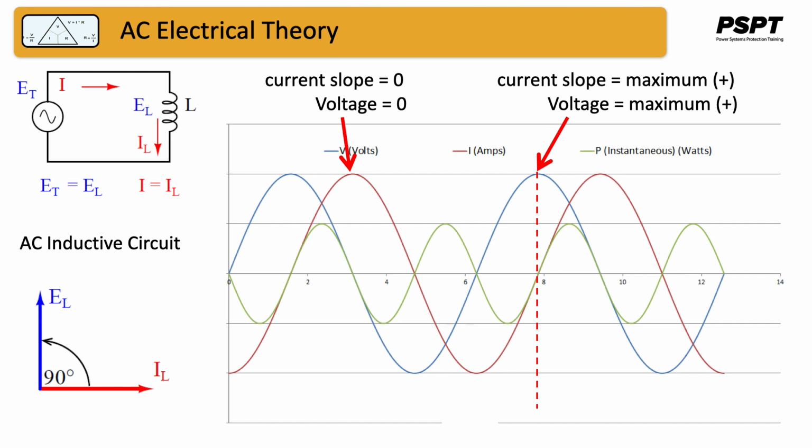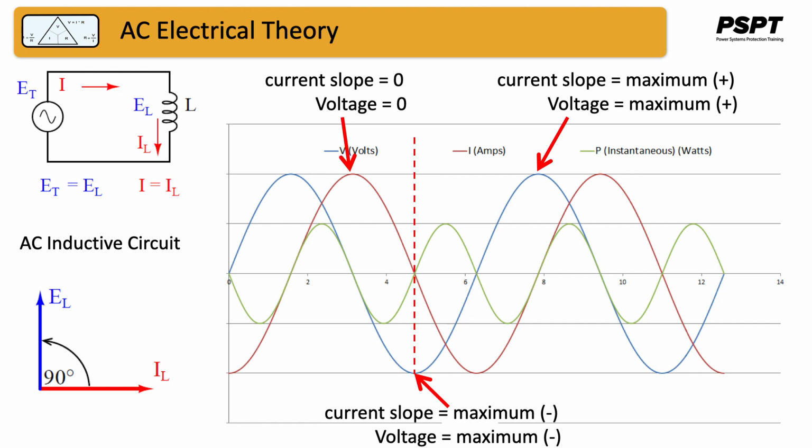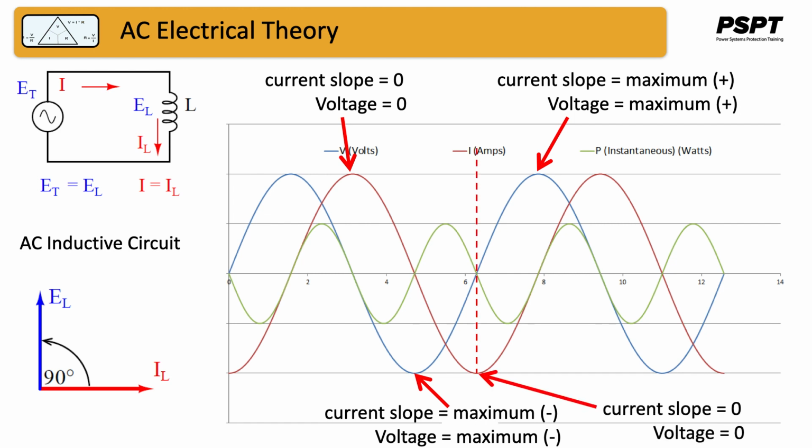Another 0 point for the power is where the current slope may be a maximum and the voltage may be a maximum, but the current is 0, so the power is 0. And where the current slope is 0 and the voltage is 0, then of course we have 0 power.